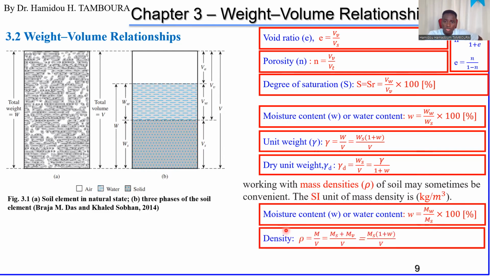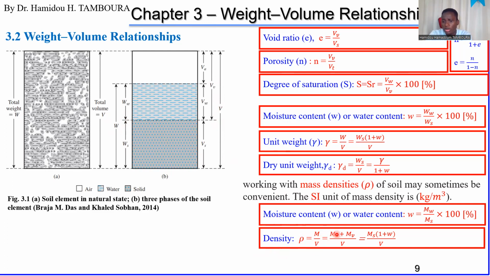Same for density also: density by unit weight using the weight, and density using the masses. So the total density will be the total mass, M, divided by total volume.